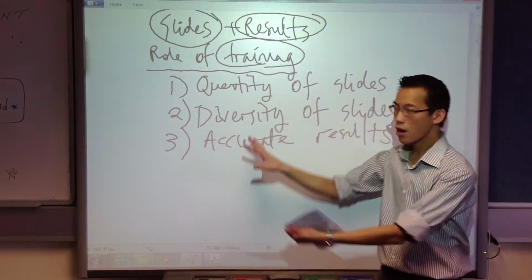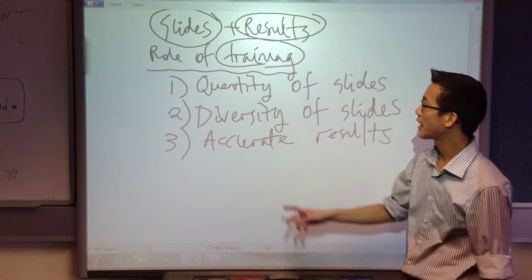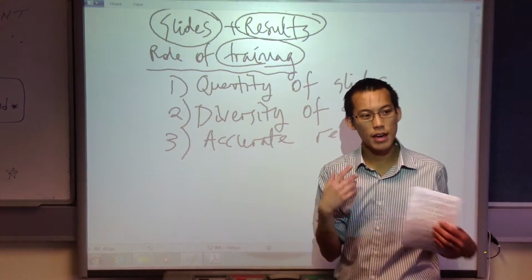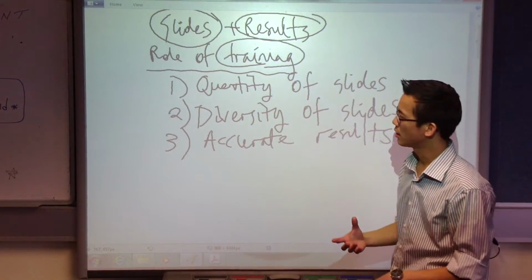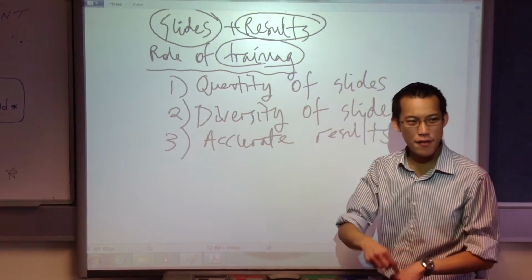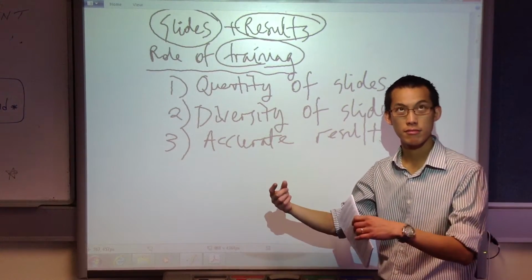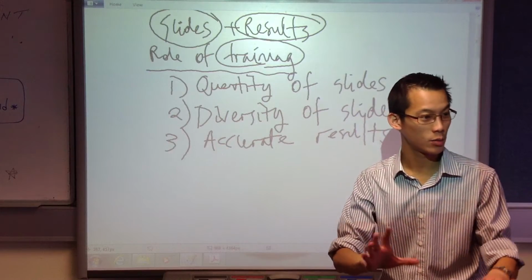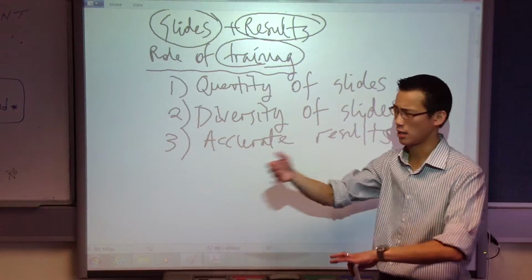Okay. So when you put all of these together, what's the role of training? We want the artificial neural network to be able to recognize never before seen slides. That's the important thing. This is what differs from an expert system or anything else underneath.